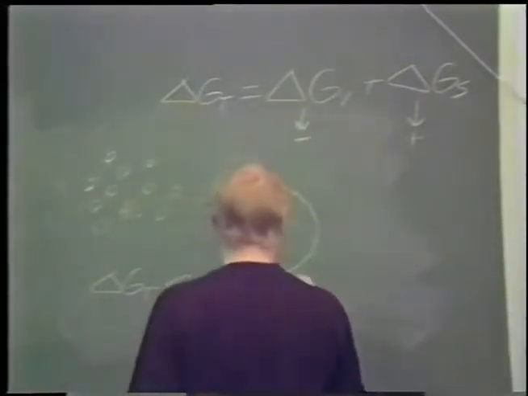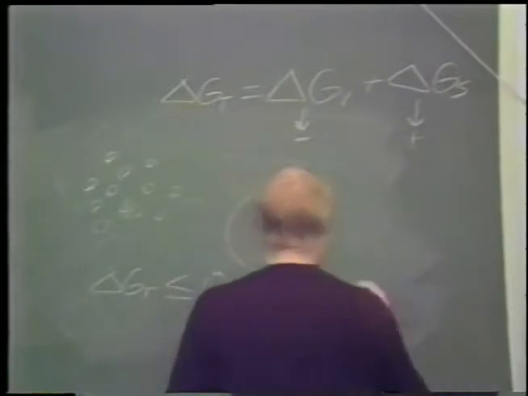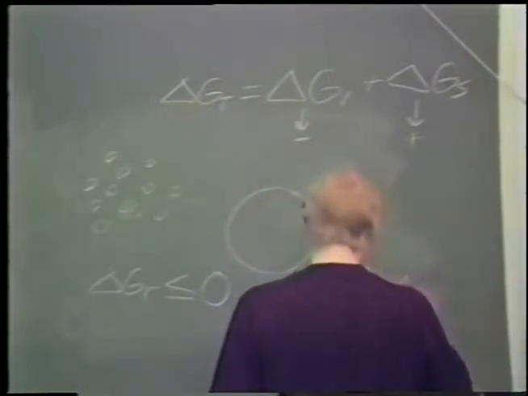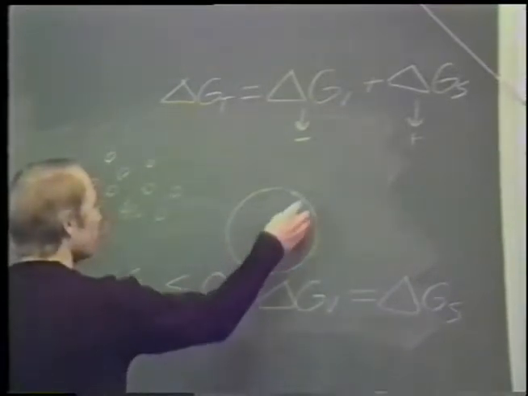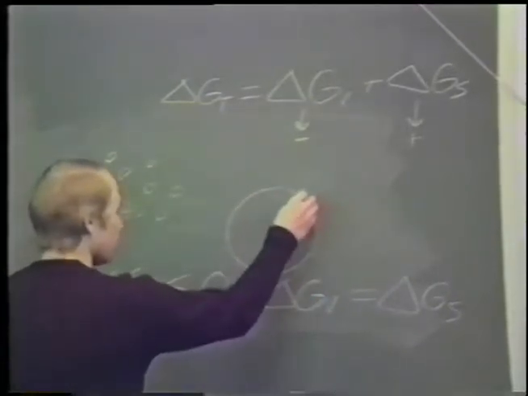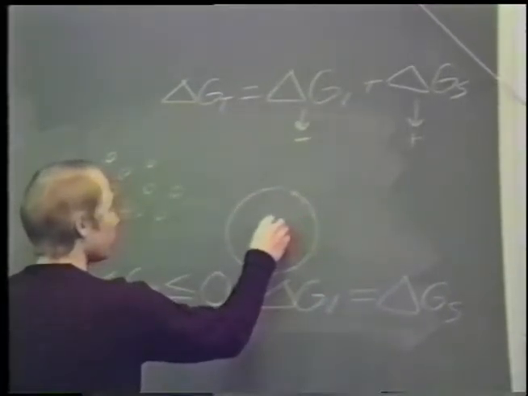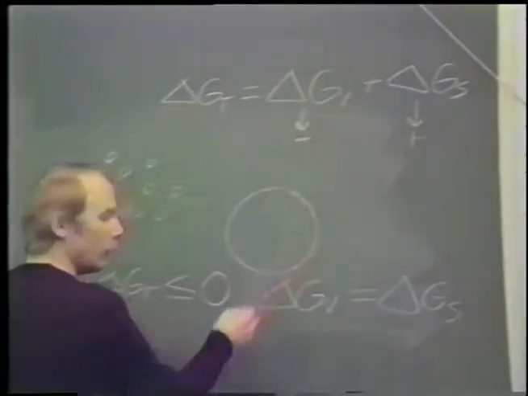Volume increases faster than the surface area. And at some point, the volume free energy is going to be equal to the surface free energy. And this size of cluster, the size of cluster required for this to be true at any given temperature, is called the critical size.